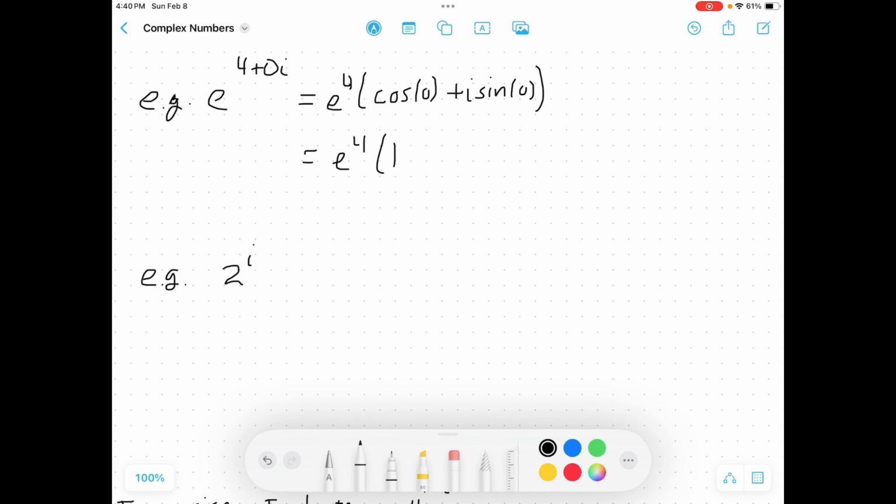Cosine of 0 is 1. Sine of 0 is 0. So we end up with e to the 4th times 1, which is e to the 4th, as we would expect. And if one wanted to do this in more generality, we could confirm that e to the a plus 0i, using our new definition, just looks like e to the a.